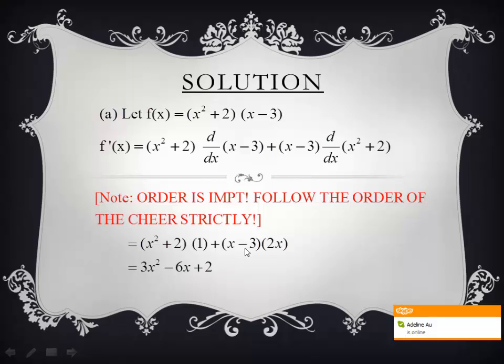Over here we have minus 6x, and if we collate the constant term, we have plus 2 times 1, which is plus 2. So the net answer after differentiating f(x) will be 3x squared minus 6x plus 2.